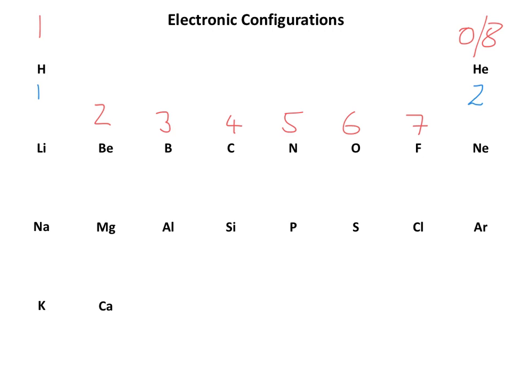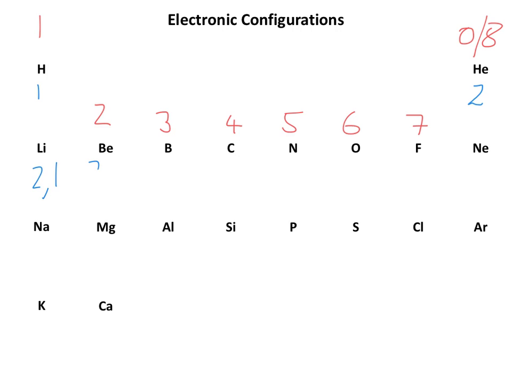Let's look at lithium. Well, lithium's 1 jump from helium in the table, so rather than putting 3 electrons in the inner shell, they just can't fit. We put 2 electrons in the first shell and then 1 in the next shell.